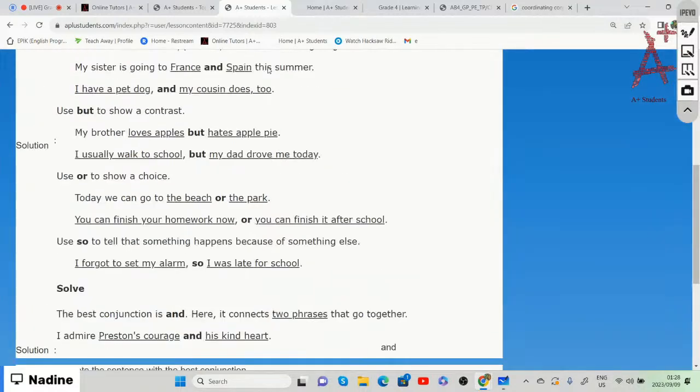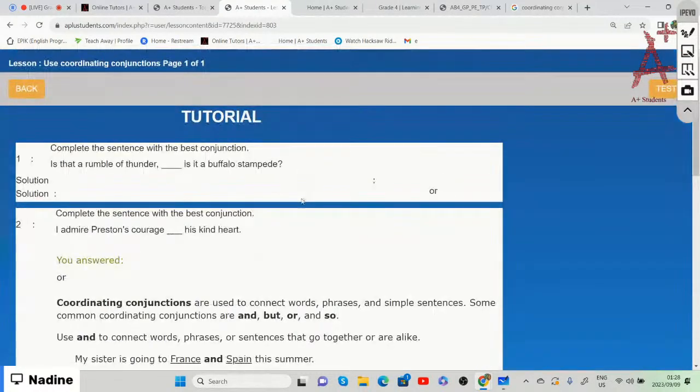And now we're looking at our example sentences. We need to complete the sentence with the best conjunction: either or, so, but, or and.